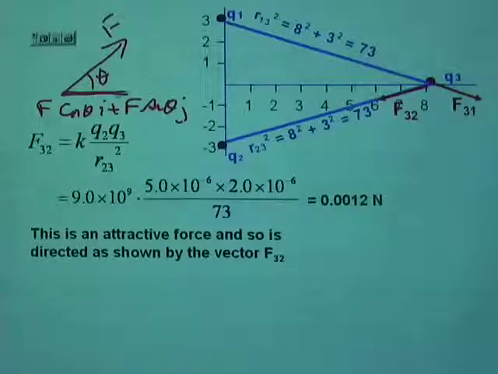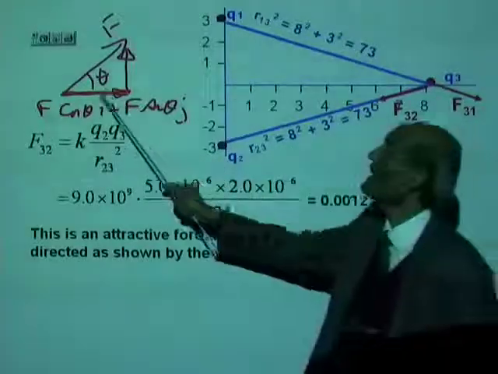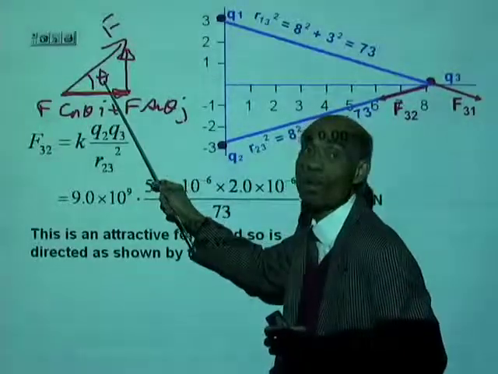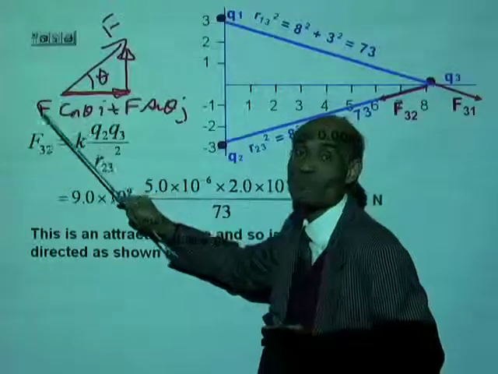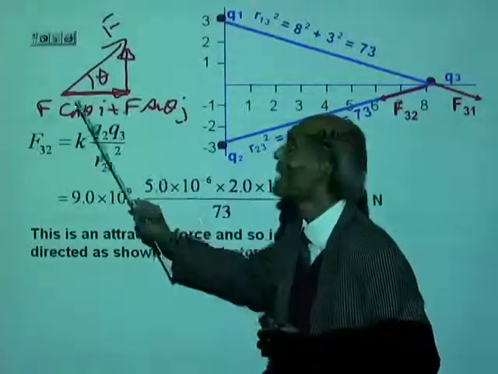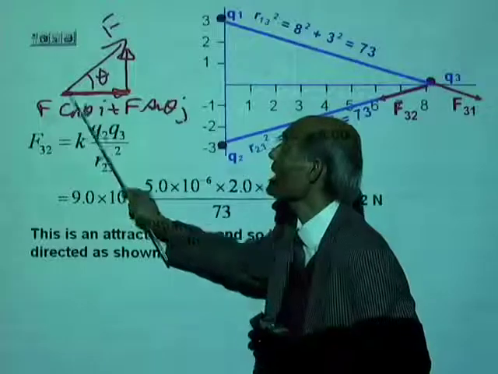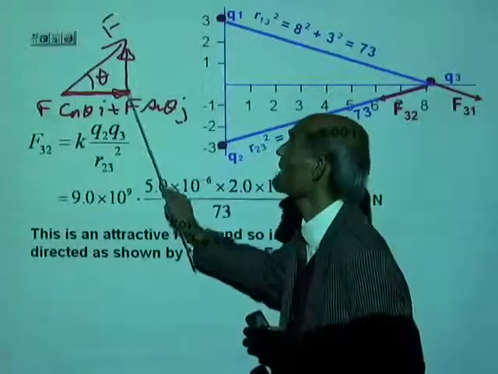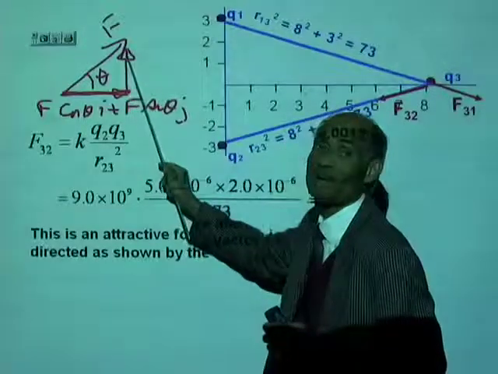That is the x component and the y component. So a vector F that makes an angle theta with the positive x-axis can be written in the component form as F cos theta i, that is the x component, plus F sine theta j, that is the y component.